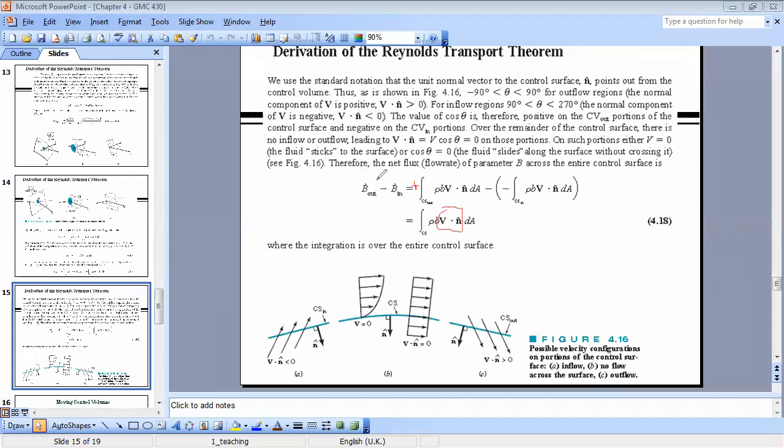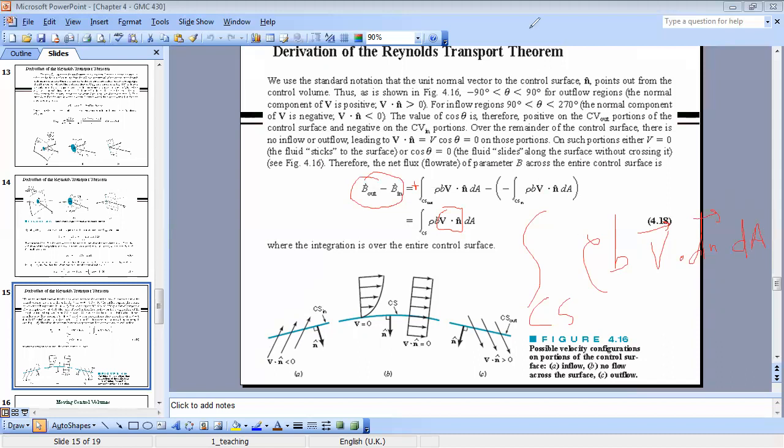So I can combine these two terms, the sum of rates of properties going out minus rates coming in, equals the integral over the control surface of rho B times v dot n dA. I know that this might seem a little bit hard, but you will understand it better when you apply this theorem.